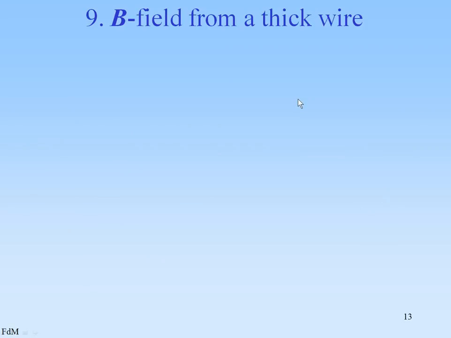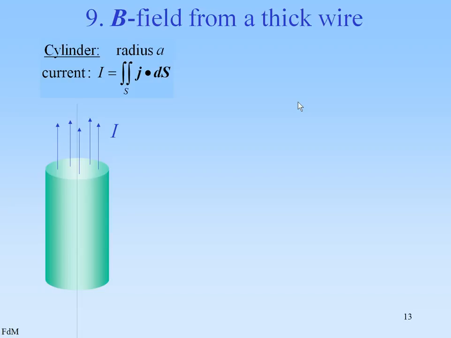We can use that in topic 9, the B field from a thick wire. Imagine a cylinder with a current I, which can be written as the current density integrated over the cross-section surface. And here we have the law of Ampere, and we can write it in the form of a path integral over a closed path, and then here as a current density integrated over the cross-section surface.